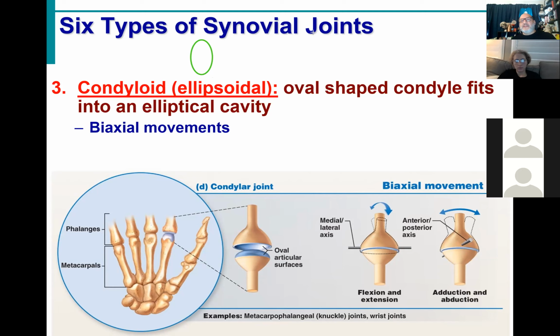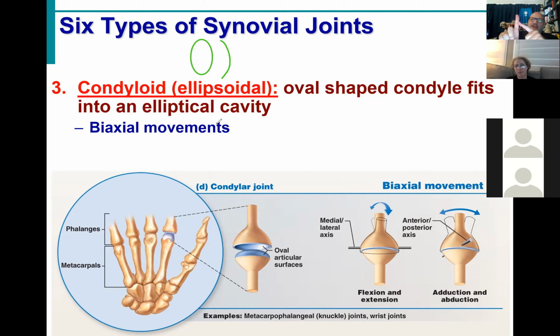So notice basically what we do is we take a hinge joint that has a circle and we elongate it. And of course, then we also have to elongate the concave surface that it is going to sit in. And the advantage of this elongation is that it is going to allow not just one axis of motion, but two axes of motion.